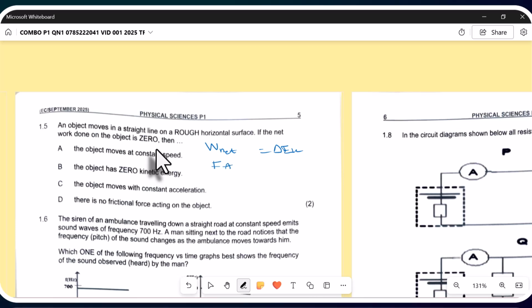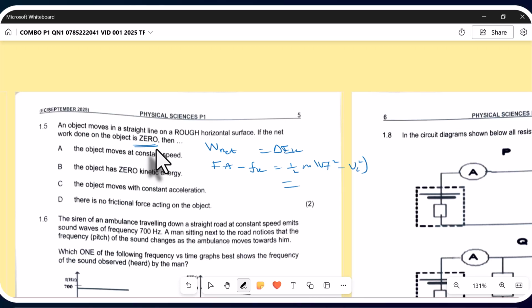So now because there is zero net work done, it means that for me to get 0 on this side, V final should be the same as V initial. And for them to be the same, that must be the same speed or same velocity. And so the answer should be this one here, constant speed.